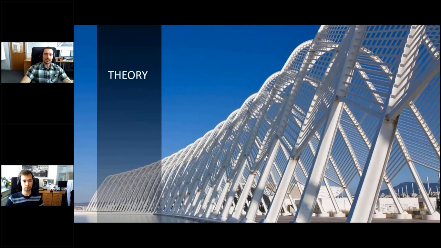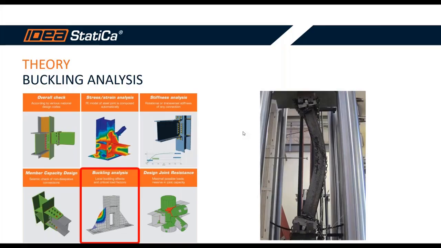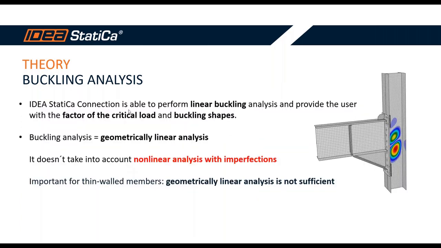First of all, let me introduce a little bit of theory about buckling. Buckling analysis is only one kind of analysis we provide for you. IDEA StatiCa Connection is able to perform linear buckling analysis and provide the user the factor of the critical load and buckling shapes.